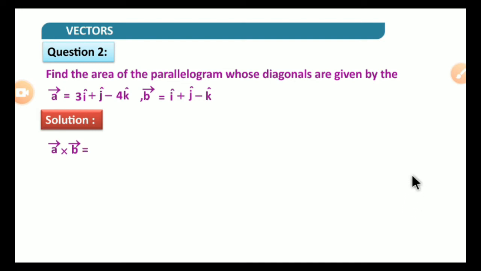So, A cross B is equal to, again in the determinant, i j k, in the second row 3 1 minus 4, and in the third row 1 1 minus 1.